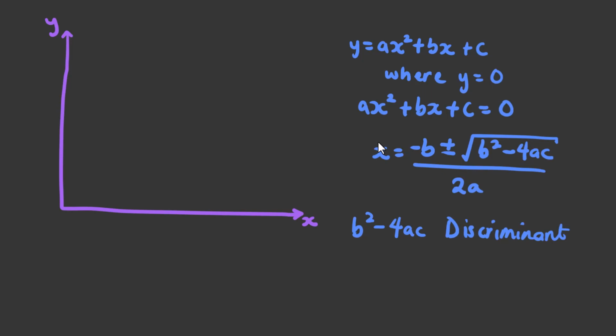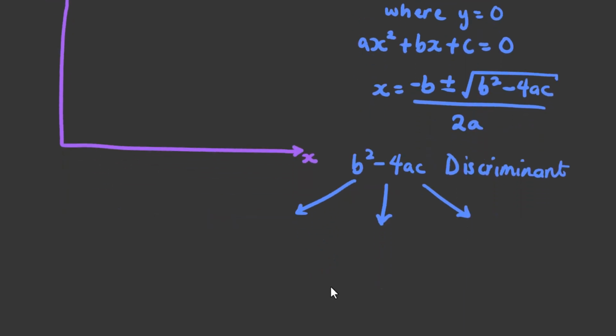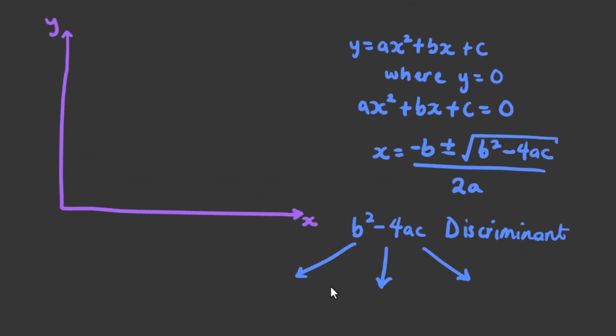Do we have 1, 2, or none? We have three possible outcomes. One possible outcome is where our discriminant is less than 0. That means we have no solution, as shown like this, where our curve does not touch the x-axis.